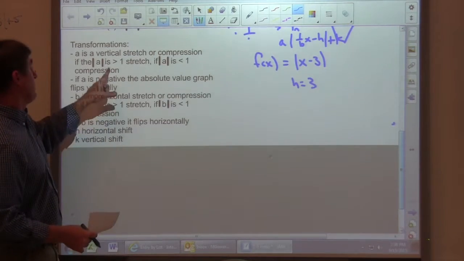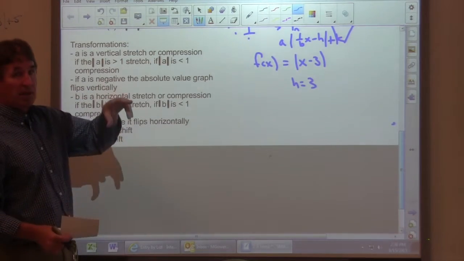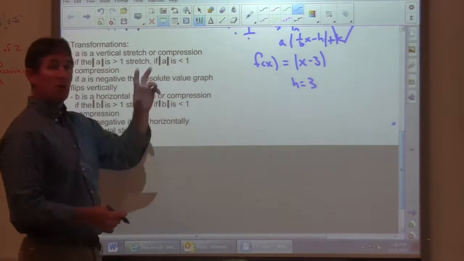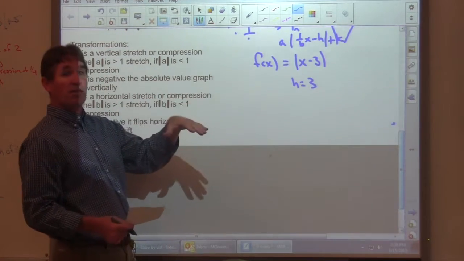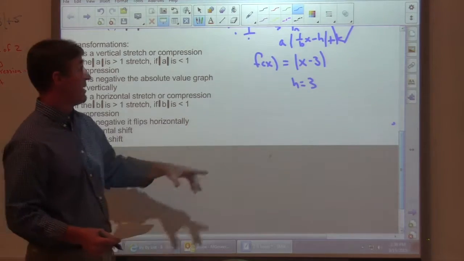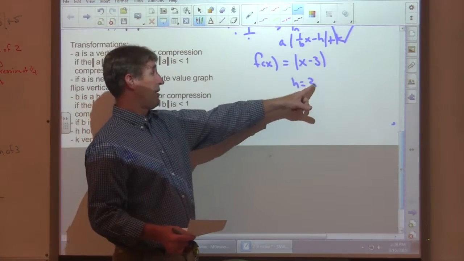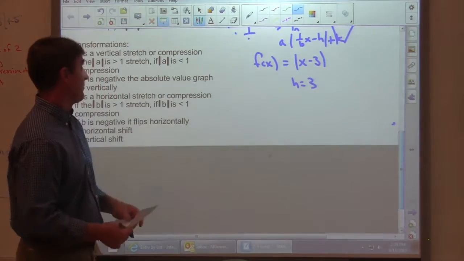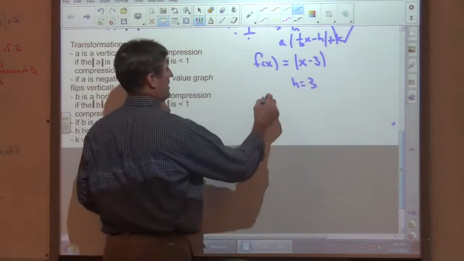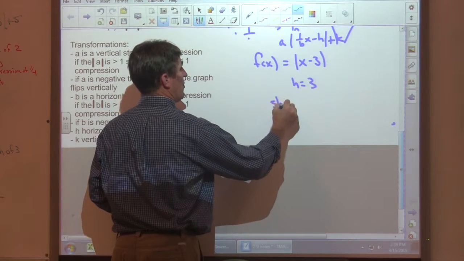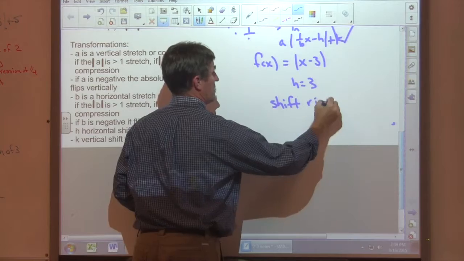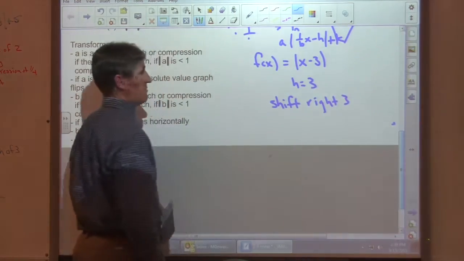Just like with the b, it was the reciprocal of what it said, the multiplicative inverse. Remember, inverses are opposite operations, so if it's multiplication, the multiplicative inverse is the reciprocal. And the additive inverse, since it's added or subtracted, would be the opposite, which would be 3. And so this would be, you don't need to put horizontal because you're going to say shift right 3.